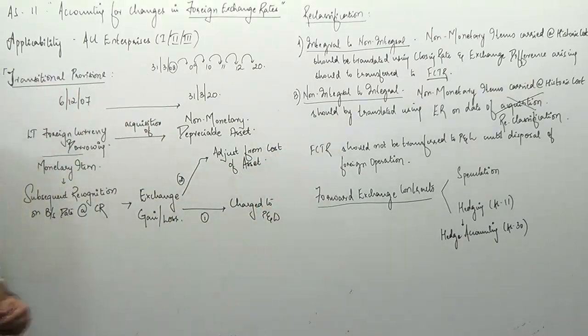So when there is an exchange loss, it should always hold a debit balance. If it should have been charged to P&L, the entry should have been P&L account debit to exchange loss. But here he is saying you write it as non-monetary asset account debit to exchange loss. That means I am increasing the value of the asset by the amount of loss.